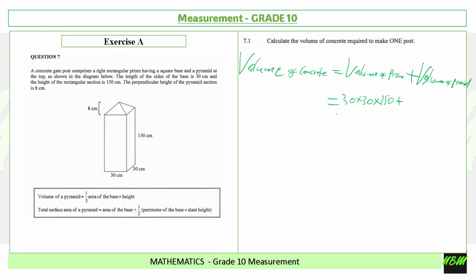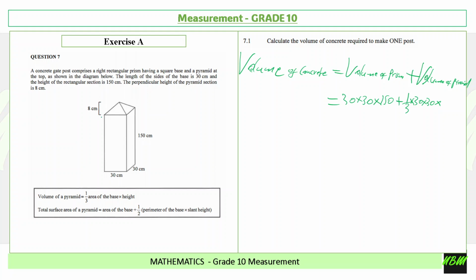the volume of a pyramid. We're given the formula there. Volume of a pyramid, 1/3 of area of a base. The base of the pyramid, 30 centimeters, and the other two sides. Therefore, area of the base of a pyramid, 30 multiplied by 30 and multiplied by the height of the pyramid.